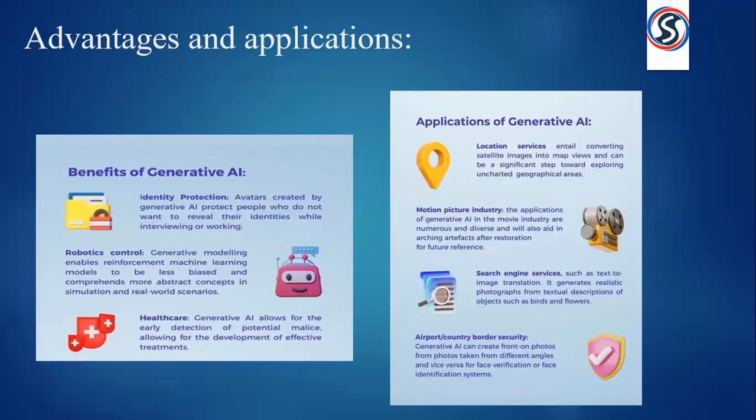So these are the main things that we are discussing about the applications and benefits. If I summarize it, generative AI is any AI system that creates its own content, whether it is text, image or any other media type.